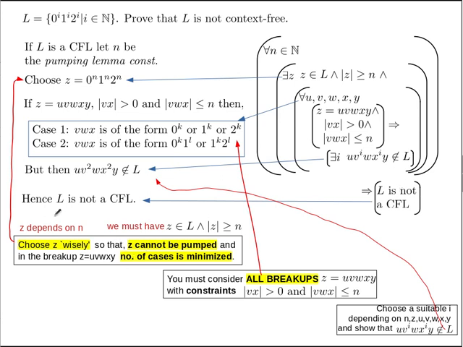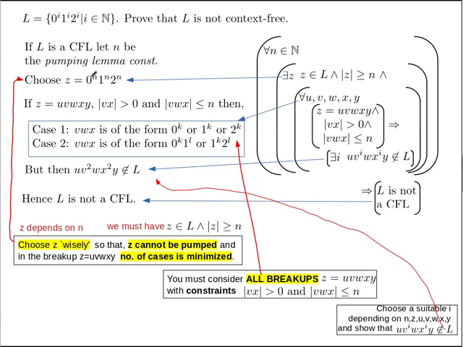And the number of cases should be minimized, and we discussed this in detail for regular language, why it will matter. So now if we take a z and this breakup, we consider all breakups with the constraint that v and x both cannot be empty and this part vwx should be at most n.